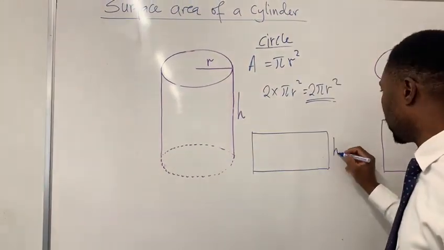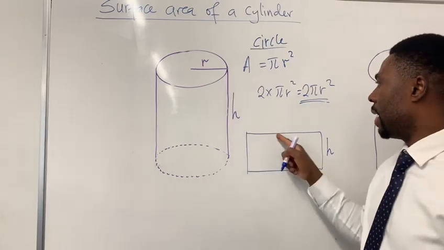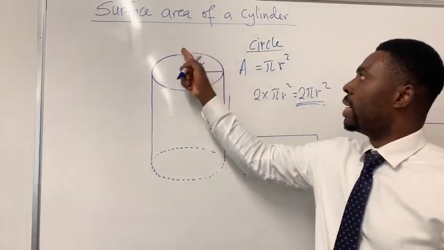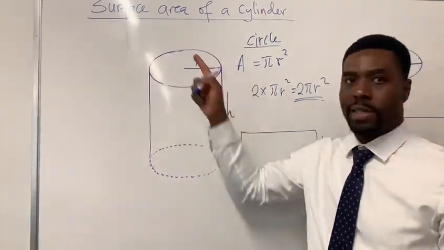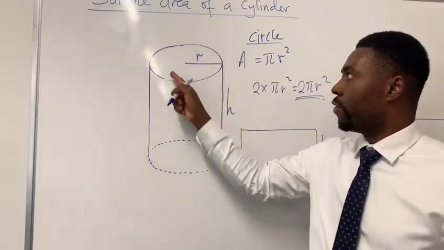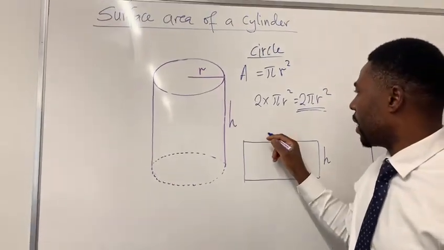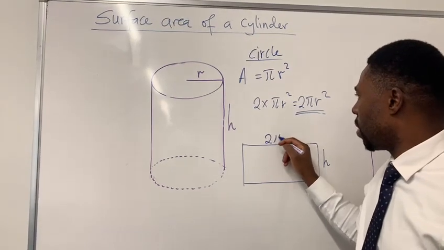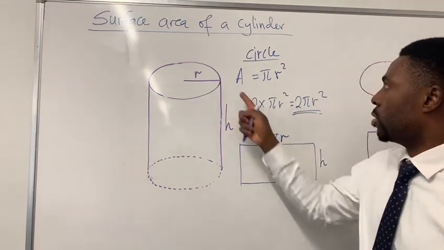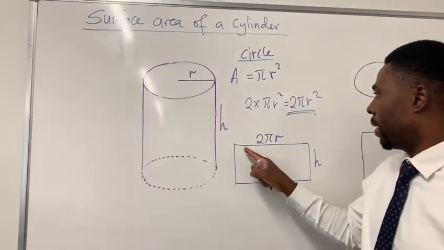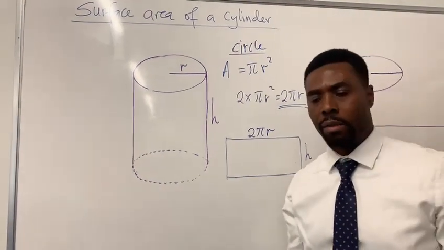So here it's going to be h. And the length of this rectangle is going to be the circumference of the circle. And for the circumference of the circle, that is given as 2 pi r. So the circumference of the circle will be the length of our rectangle.